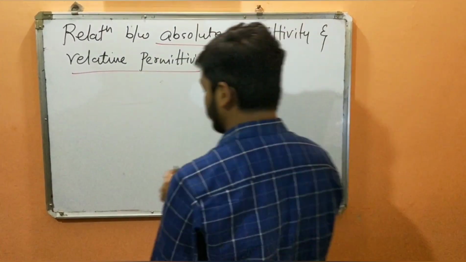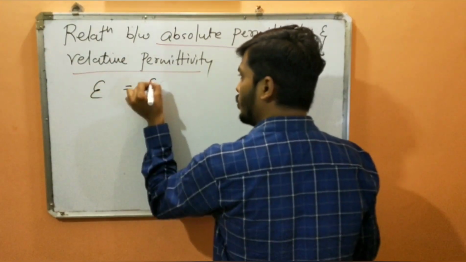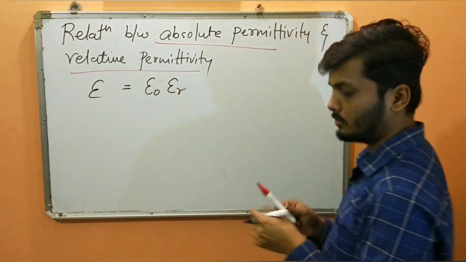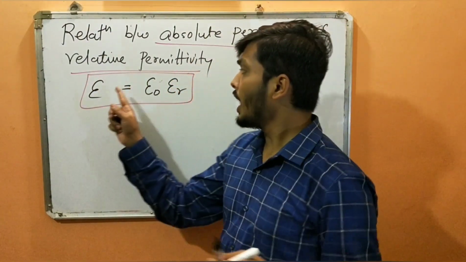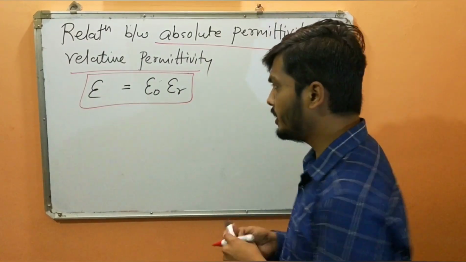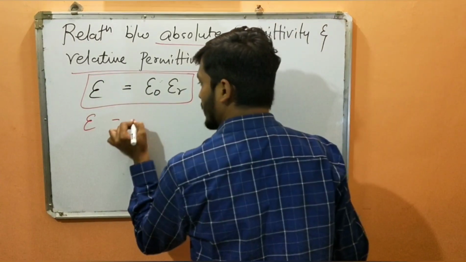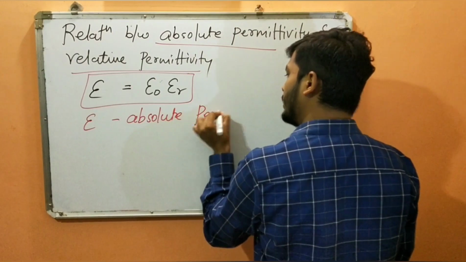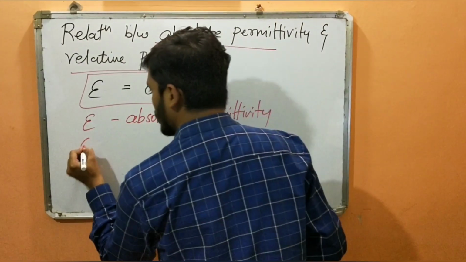What will be the relation? Epsilon is equal to epsilon naught epsilon R. So this is the relation between absolute permittivity and relative permittivity. Let me write the terms here. Epsilon is absolute permittivity. What is epsilon naught?